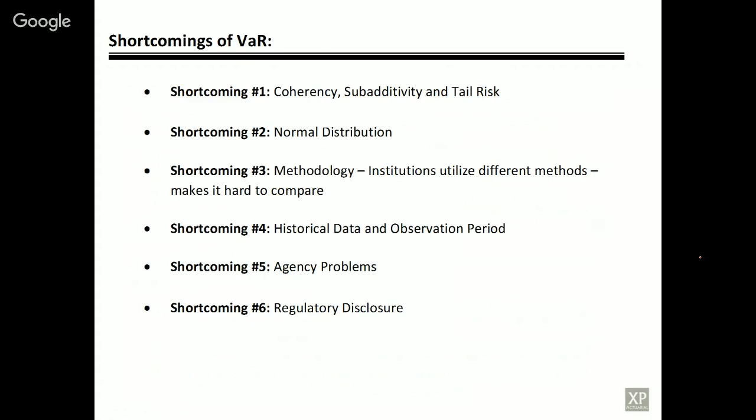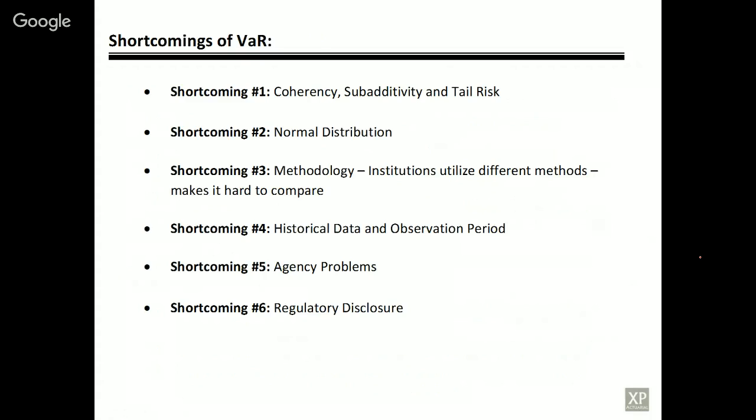One of the problems, I should say. And shortcoming number 6, regulatory issue or disclosure. Different regulations require different VAR estimates, and this gets a little bit confusing. As well, it's not clear whether you should use internal models in some cases, and it provides, again, a link to shortcoming number 3, where institutions utilize different methods.